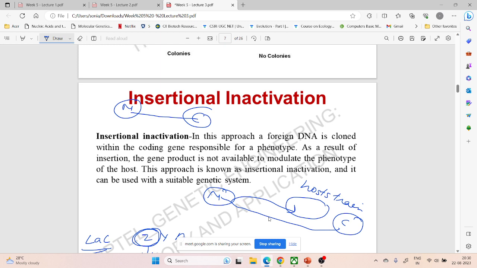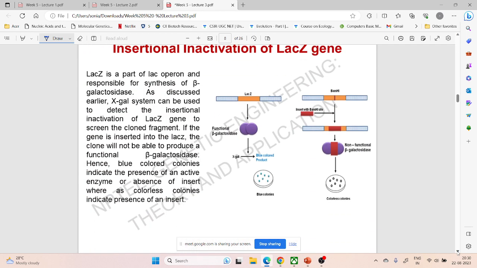But what will happen when I clone my gene of interest in the N-terminal of the LAC-Z gene? Will there be a formation of a functional gene then? No. See, this is the LAC-Z gene, functional beta-galactosidase. When we provide X-gal externally, blue color is formed.